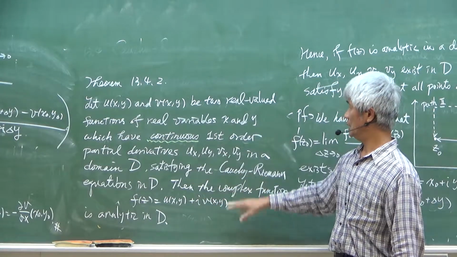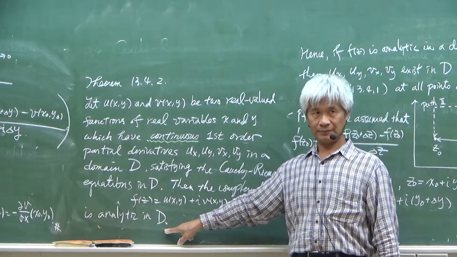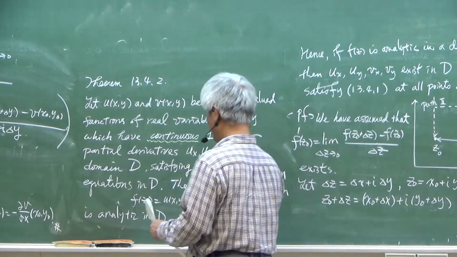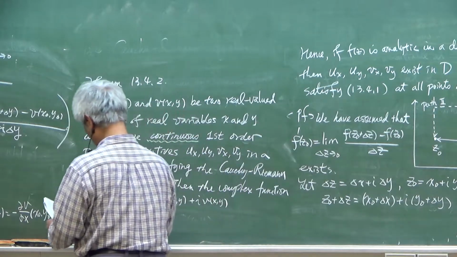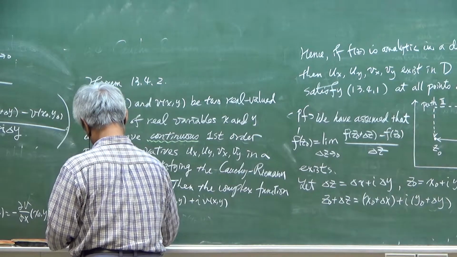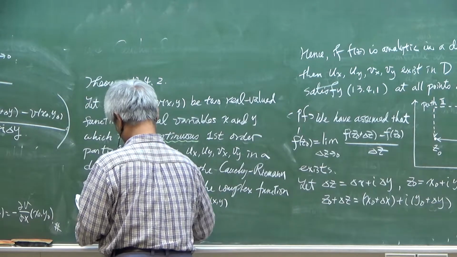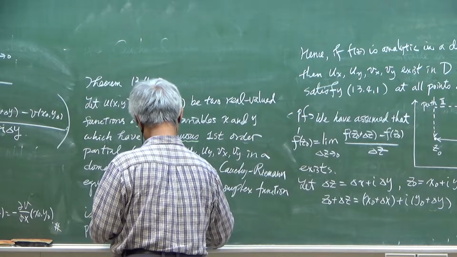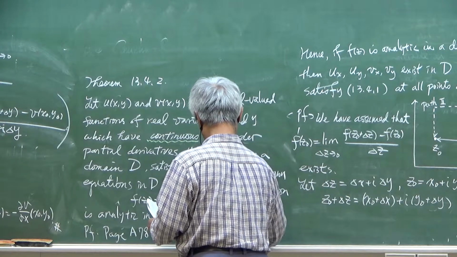If this is true, then the complex function defined by u and v is analytic indeed. Okay, and the proof is a bit complicated, but you can find a proof on page 878 in appendix 4 of the textbook.